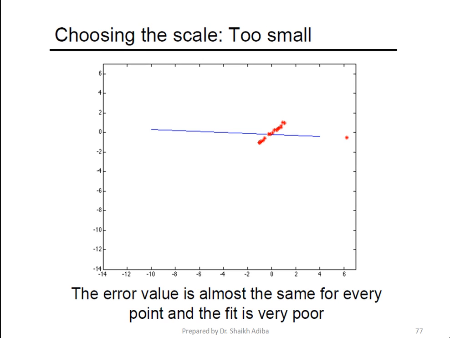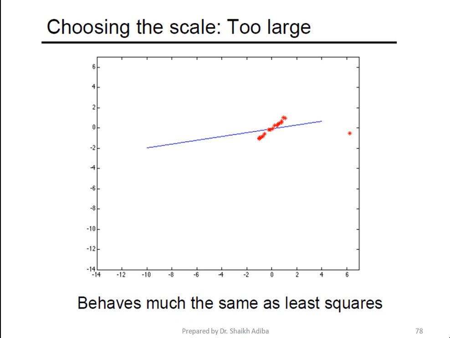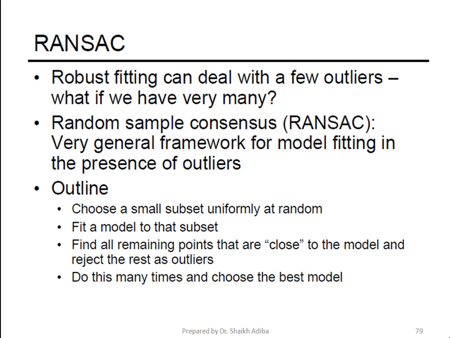If we choose the scaling parameter as too small, then we are going to face this problem, and very few points will be fitted over the line, giving you a poor estimation. If we select too large a parameter, then again we'll be facing such a problem. So we need to cleverly select the scaling parameter.